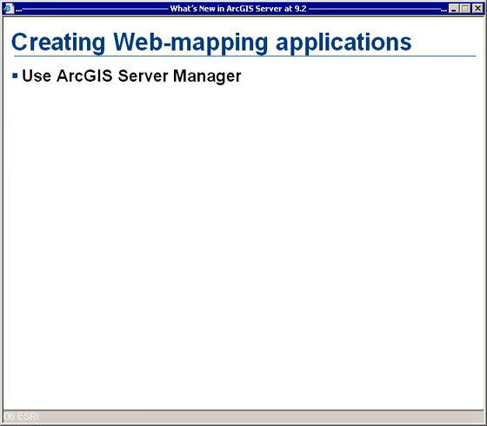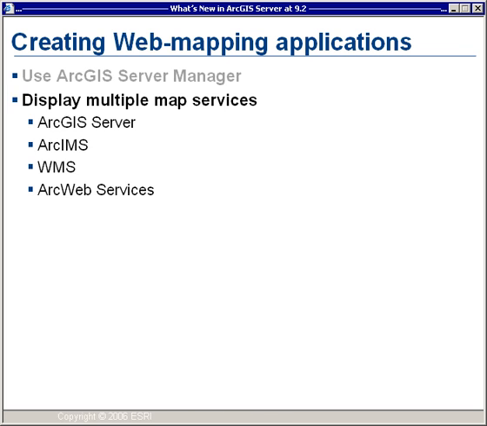The final step to building a server application is to create the client or choose a client for displaying your services. One client we can use to consume our services is a web client. We can create web mapping applications using ArcGIS Server Manager. When we build these web mapping applications, we can display map information from multiple different types of services.